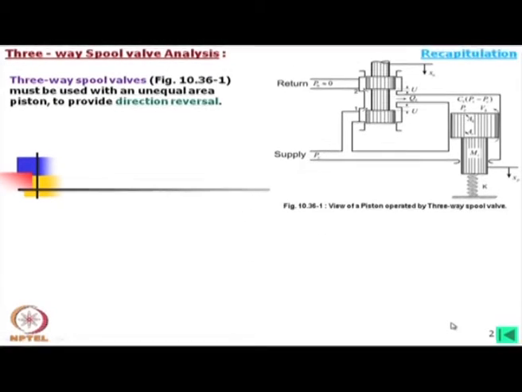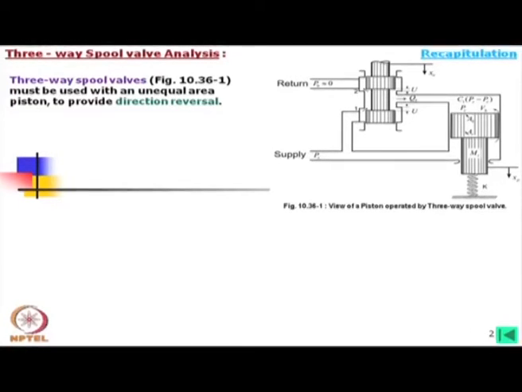Now, if we recapitulate, then three-way spool valves are used with unequal area pistons to provide direction reversal. In most cases we have found that four-way valves are very commonly used in fluid power.